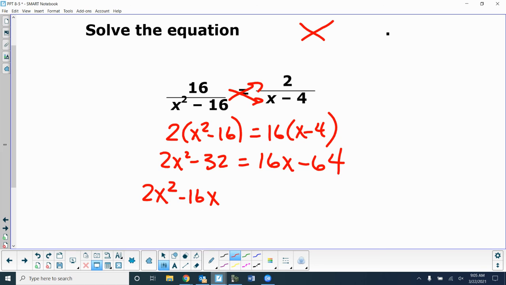The 64 I'll add. You with me? You notice about 2, 16, and 32? They're all divisible by 2, so I have a GCF. So let's pull that out, so I don't have to worry about it. So I got x squared minus 8x plus 16.